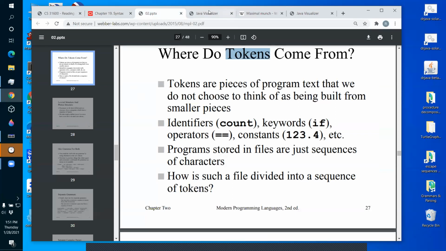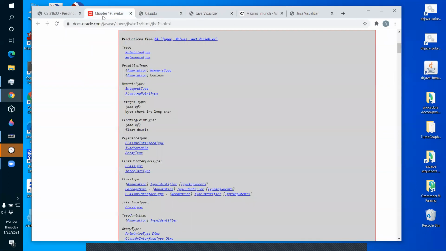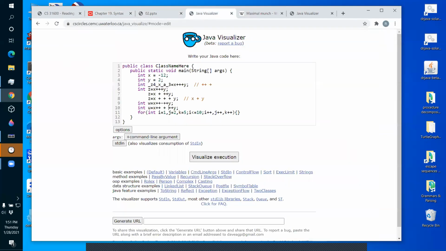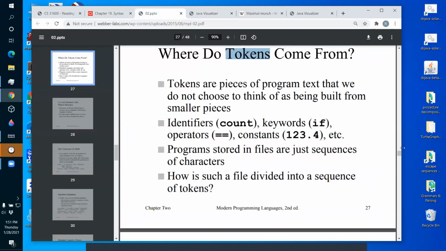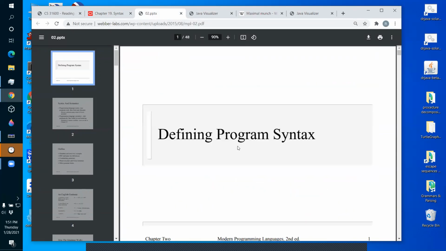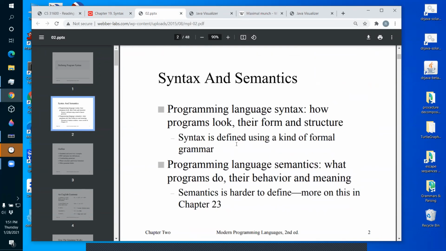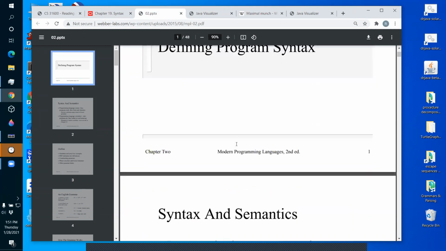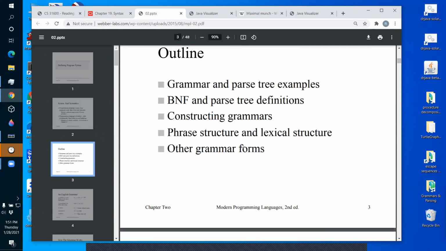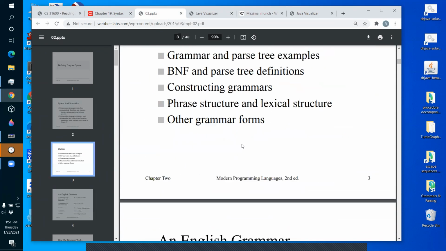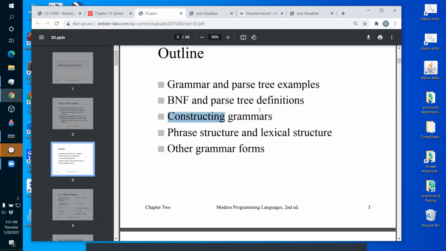Okay, so we've run out of time. At the end of chapter 2 in the textbook, there are some nice exercises on constructing simple grammars. We're going to do some of those exercises in class on Tuesday.